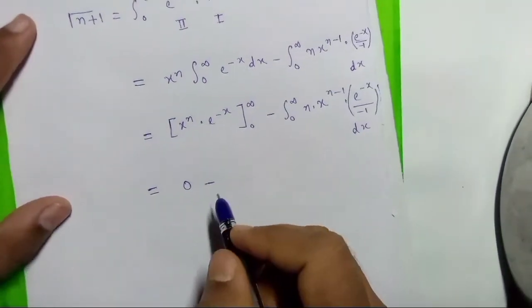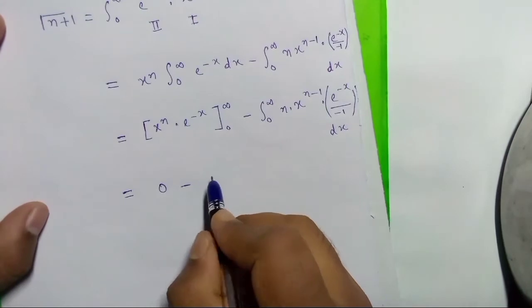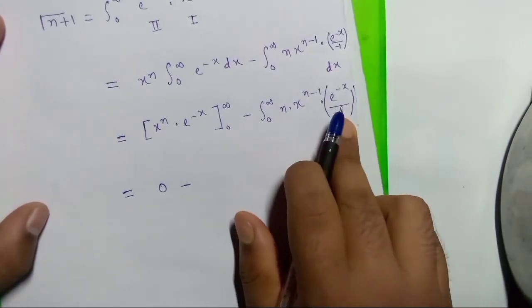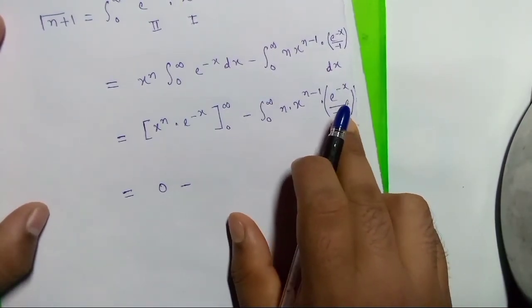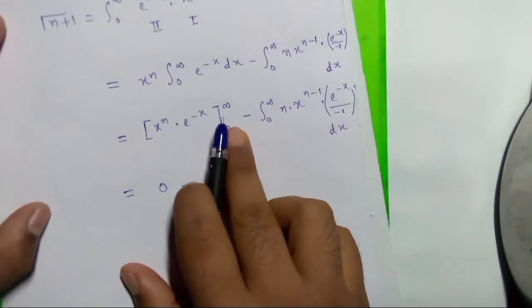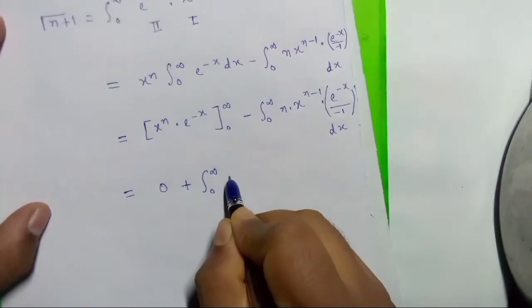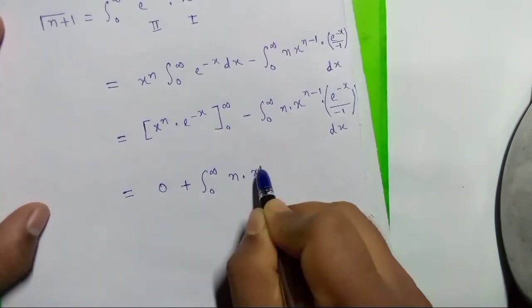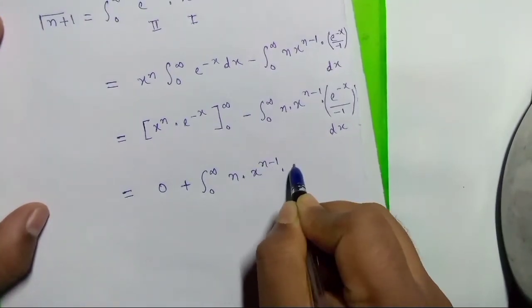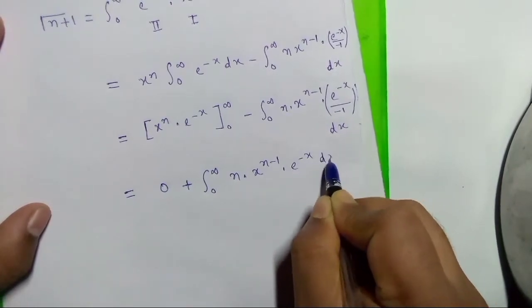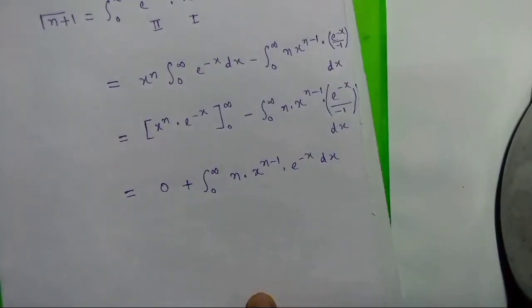And here, minus 1: the minus 1 comes to this side and becomes plus, so we get the integral from 0 to infinity of n x to the power n minus 1 e to the power minus x dx.